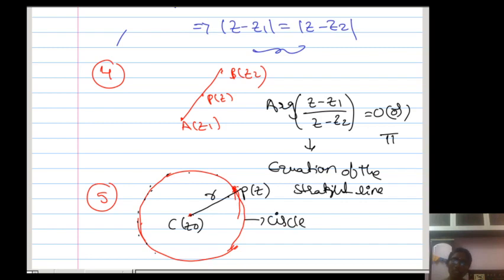The distance between z and z0 is equal to r, meaning mod z minus z0 is equal to r, where z is any point on the circle. So the locus of the points having equidistance from the fixed point represents a circle. Geometrically, I can explain that mod z minus z0 equals r, CP is equal to r. Next.